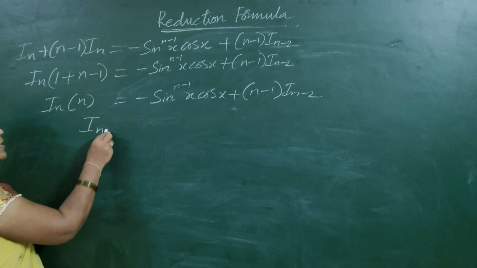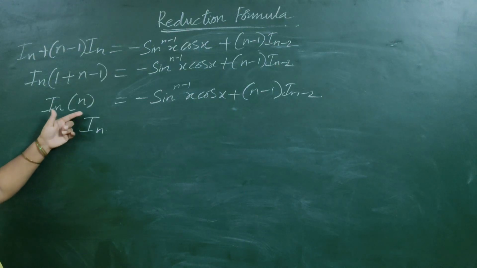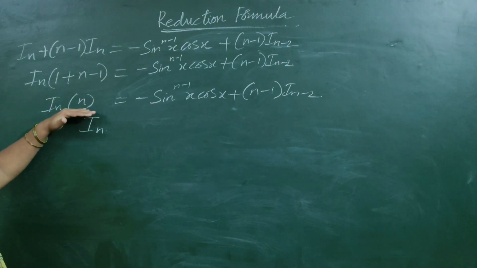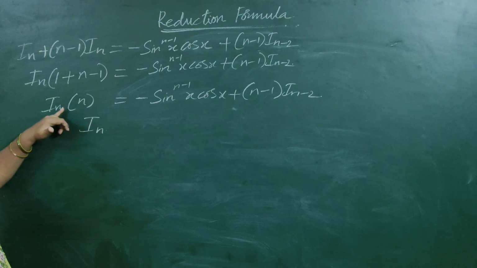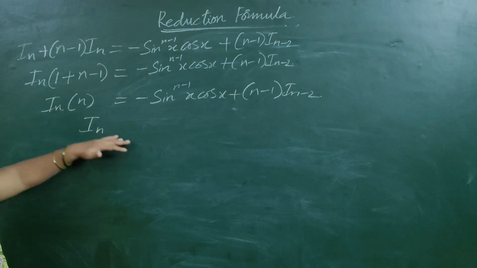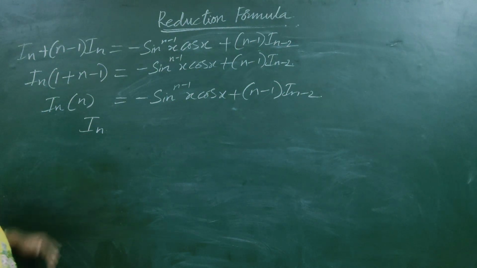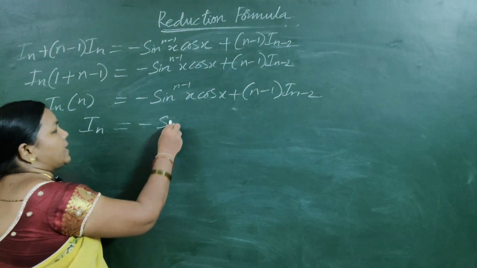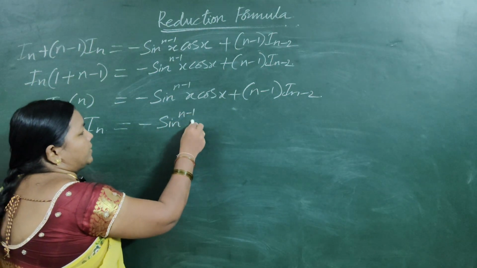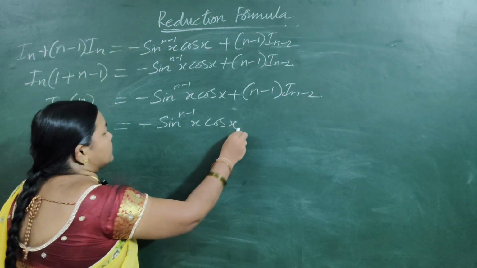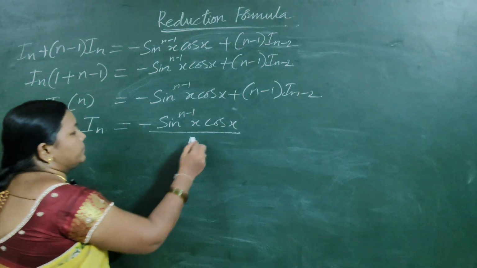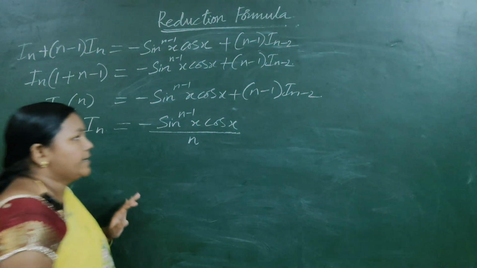In the question, we need the value of I n, so we are transposing this n to the right hand side. Here there is a multiplication sign; when we transpose, it becomes division. That is I n equal to minus sine to the power of n minus 1 x cos x divided by n, this n to the right hand side.